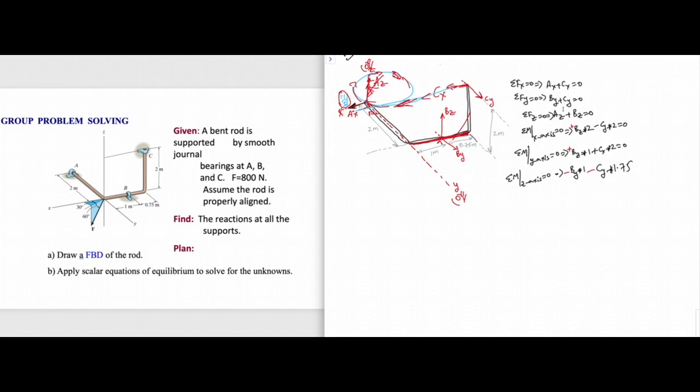So you have negative CX times 2, and that's it, equal to 0. So these are the 6 equations, and we have 6 unknowns, and the unknowns are Ax, Cx, By, Cy, Az, Bz. We have to solve the 6 unknowns using 6 equations.